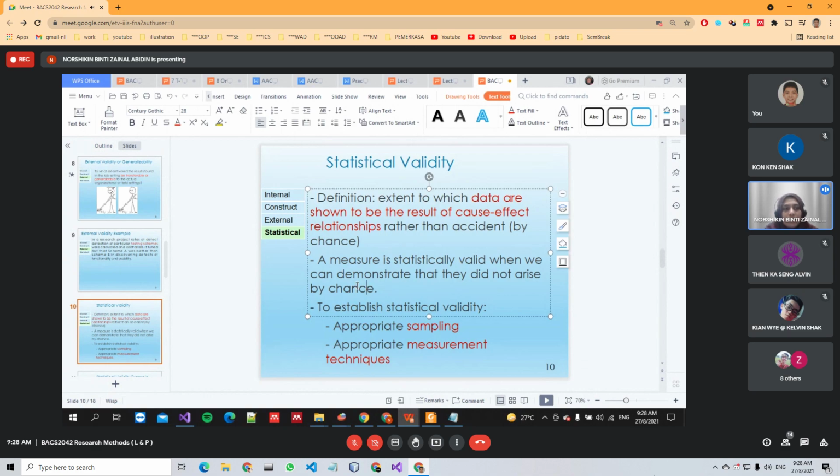From that data, for example, from your bar chart, pie chart, or any tools that you use, you need to interpret them. Interpret means you need to explain your data. They did not come by any chance. For example, the data is there without any explanation. So you need to explain them.